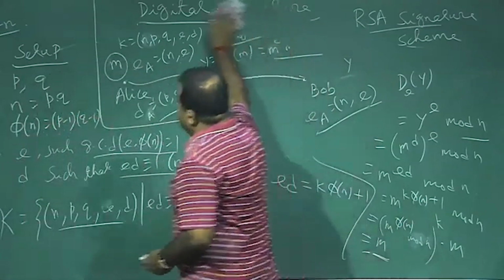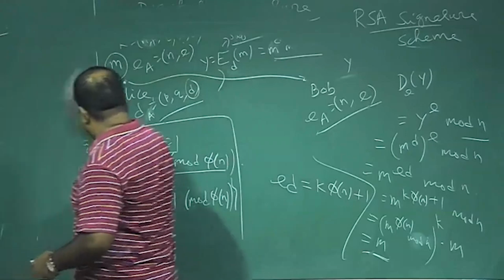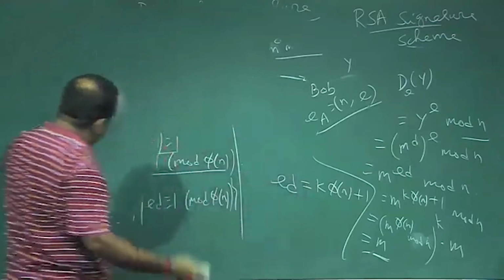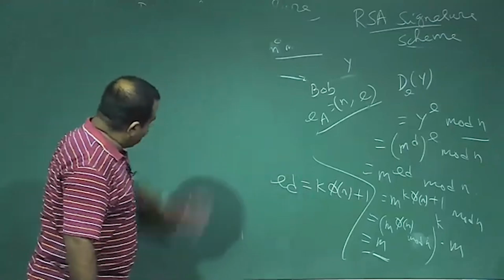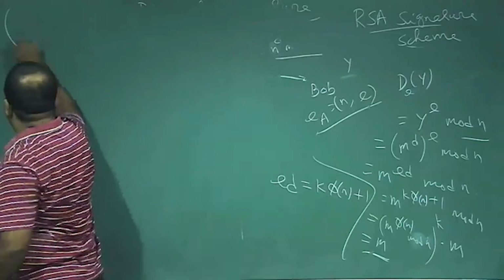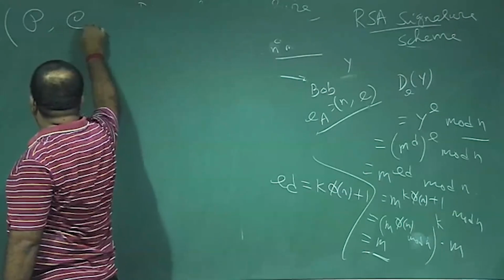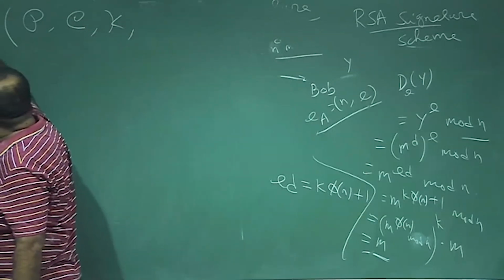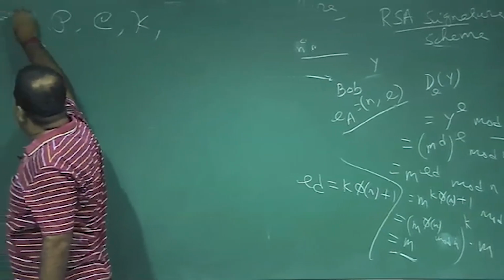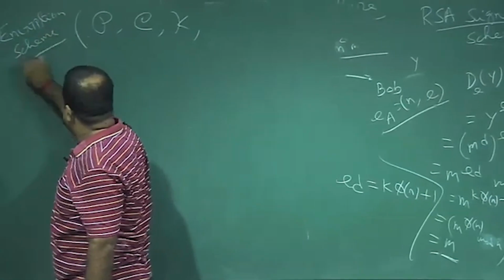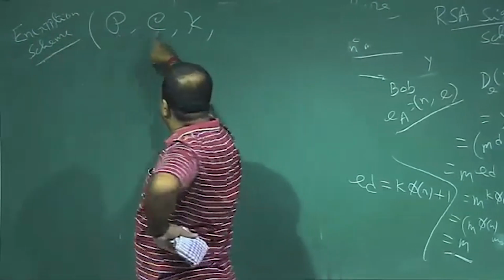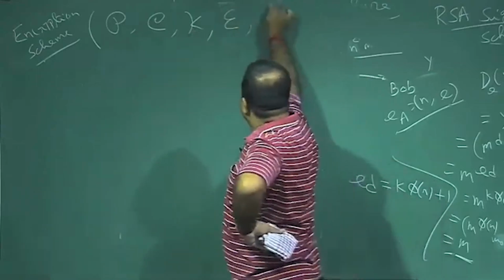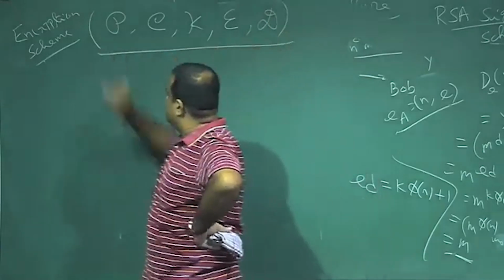So, let us formally define what a signature scheme is. It is basically a 5 tuple, like an encryption scheme, which was a 5 tuple. In an encryption scheme we have the plain text space P, the ciphertext space C, the key space K, a set of encryption functions, and a set of decryption functions.